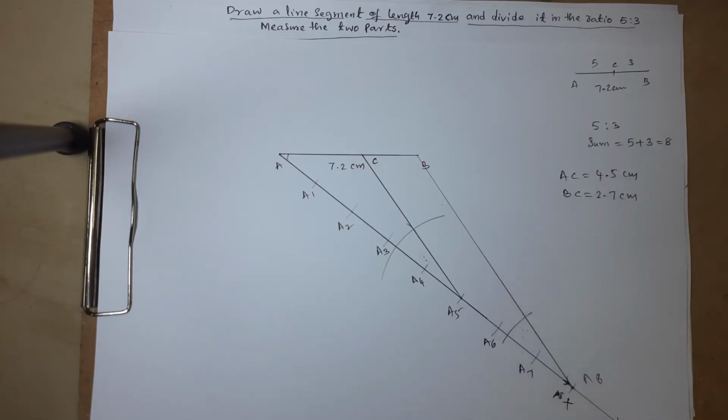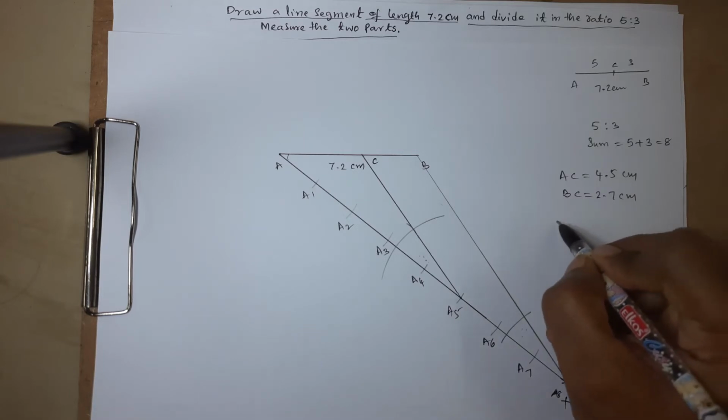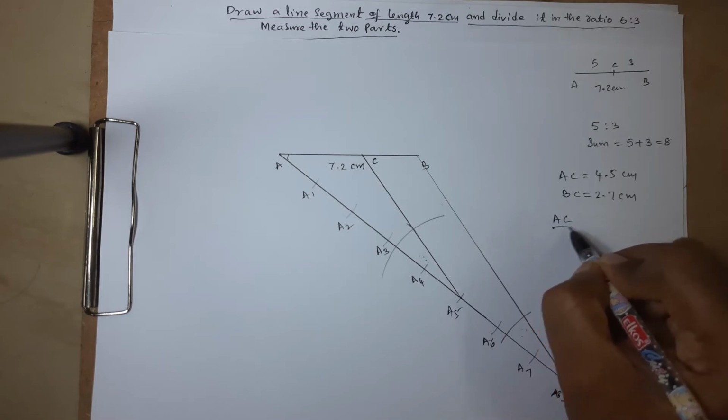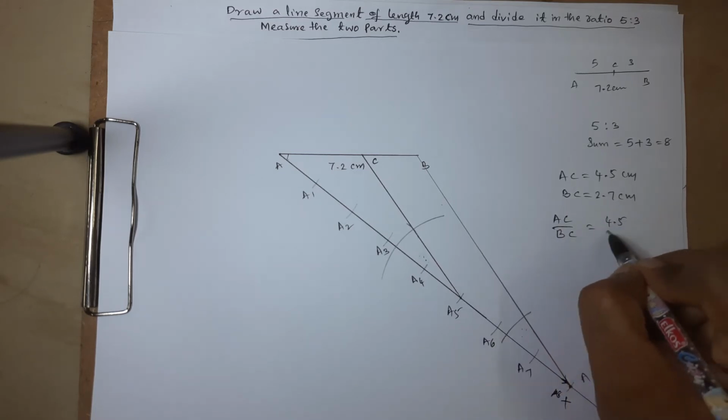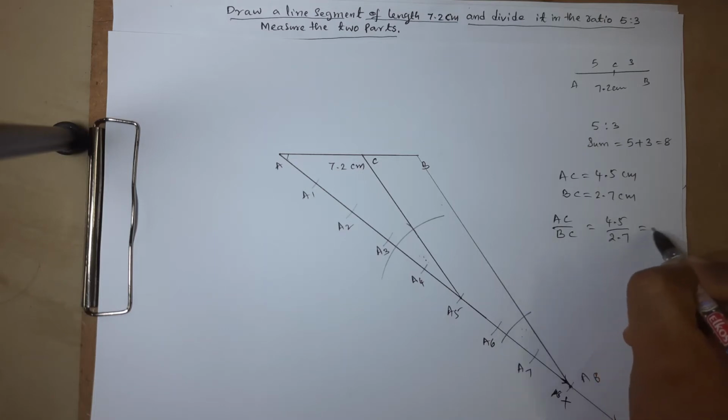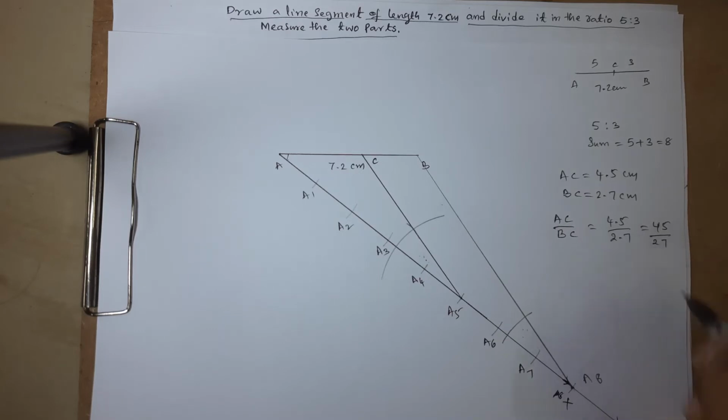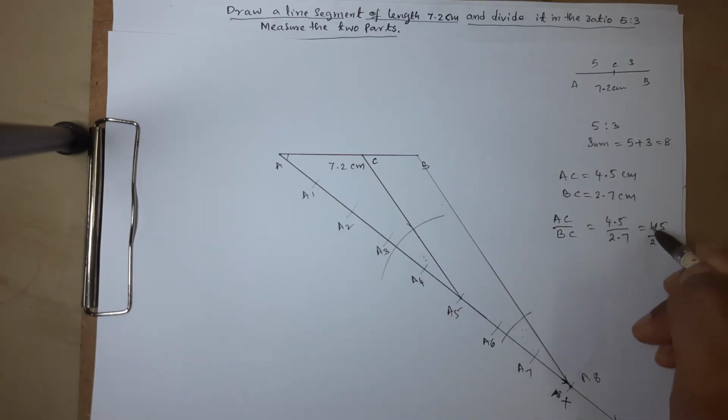Let us verify whether this ratio is equal to 5:3 or not. See, my dear students, AC by BC is 4.5 by 2.7. This is nothing but 45 by 27. Here 9 table, 5 times and 3 times.